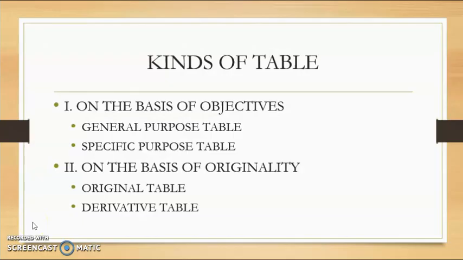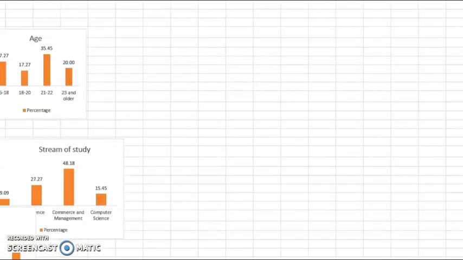So there are different types of tables. Here we have on basis of objectives. If you are doing a specific or general, how you're going to make it. Okay, so when the table is like this, how specific you're going to mention. Here you have some examples.